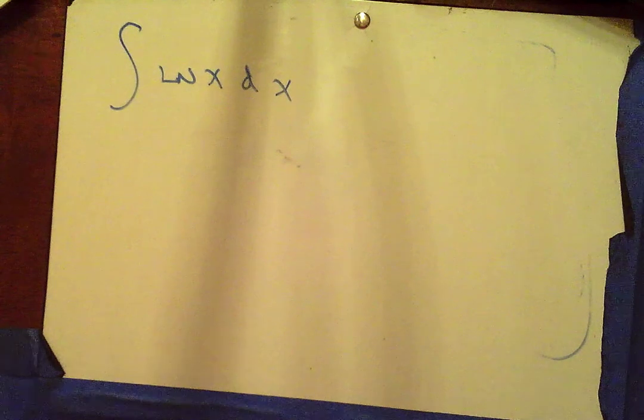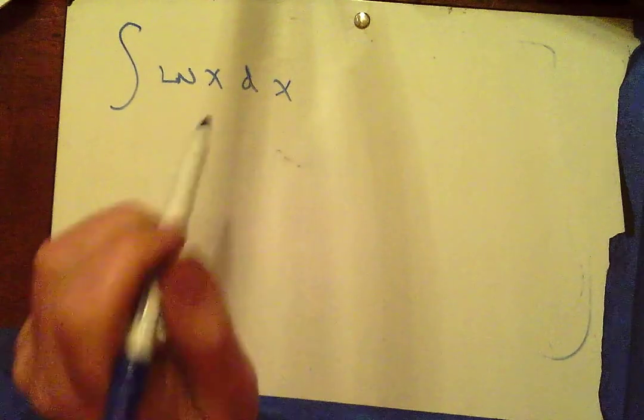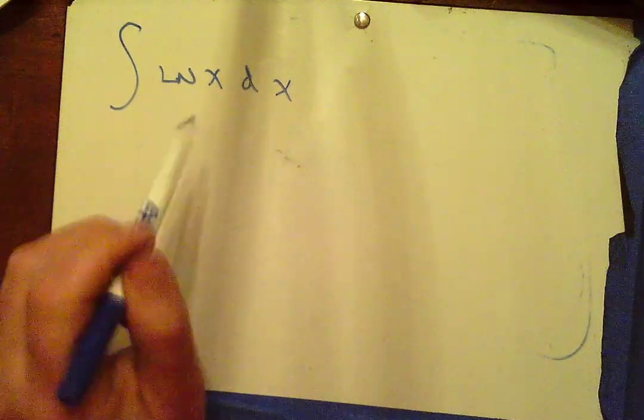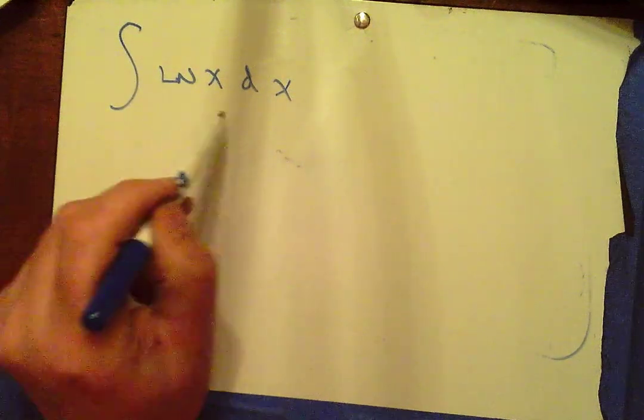Okay, how about this one? The integral of ln of x dx. So, yeah, no, really, you actually do see a function and someone else's derivative. I see a function.